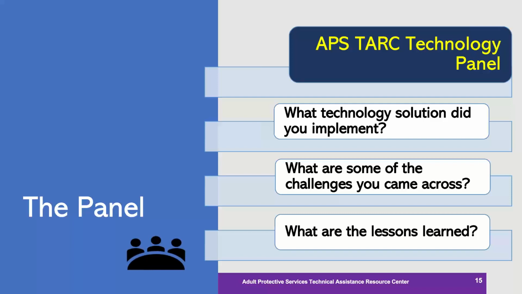Heidi, we also built in, and Heidi, you'll be better able to help me deliver this information, but when the intake form is being completed, depending on the type of abuse you select, it gives you specific questions that you could ask the caller. Is that correct, Heidi, if I'm saying it correctly?